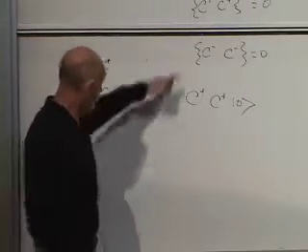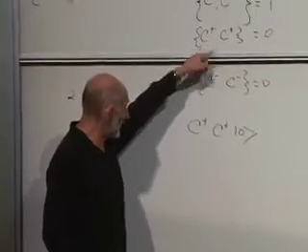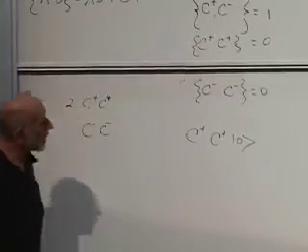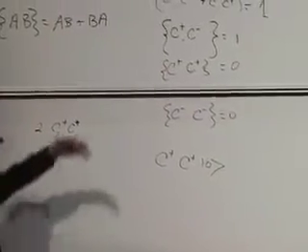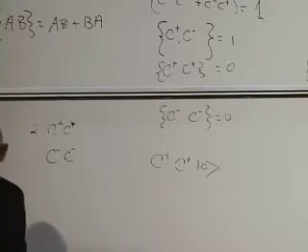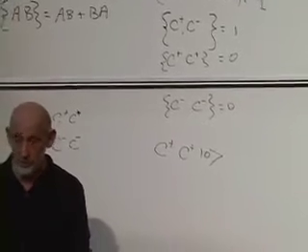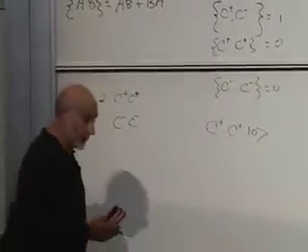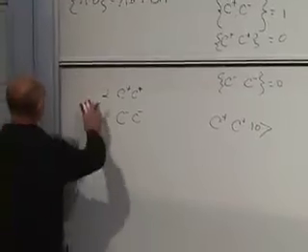That's what this equation says: C plus C plus is equal to 0. So this algebra incorporates the idea that you cannot put two particles into the same state described by these creation and annihilation operators.